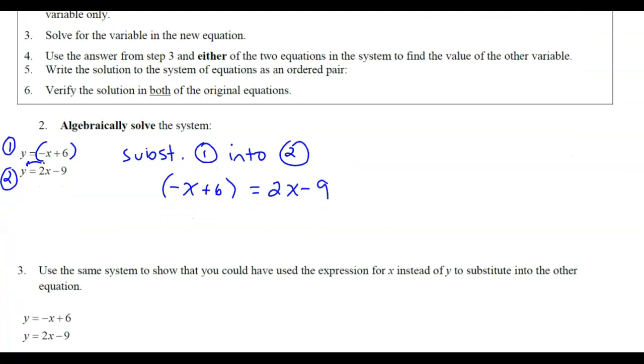We used to call that the comparison method, but it's really a special form of substitution. It's pretty easy because it's a very easy substitution. Now when we solve for x, I'm going to subtract 2x from both sides.